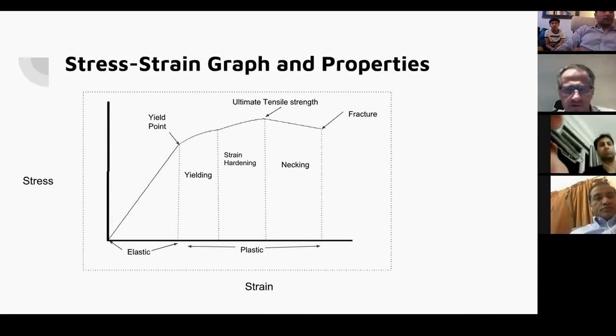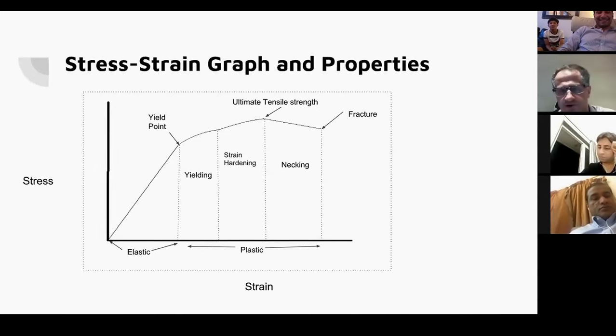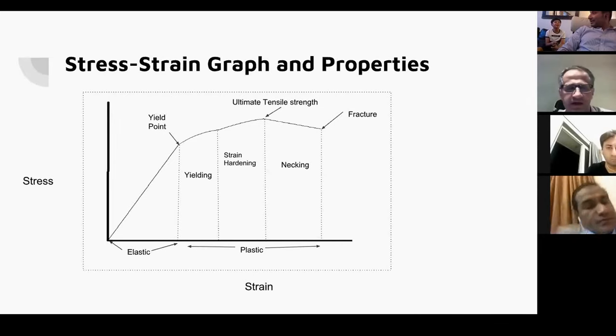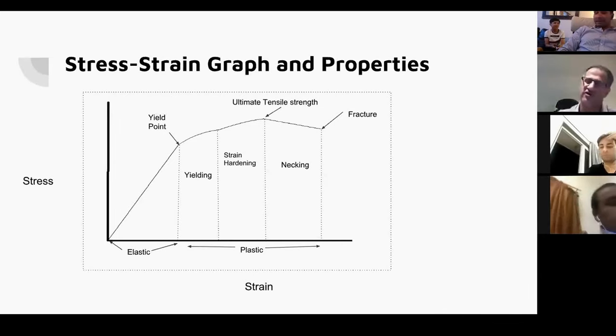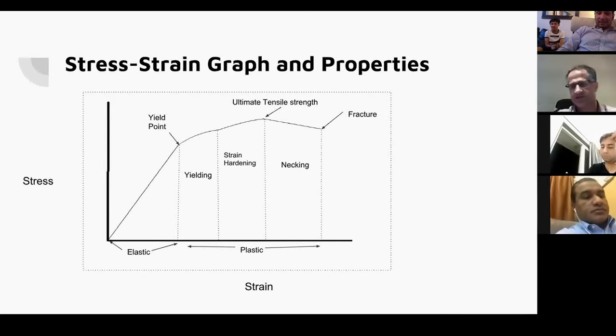And this gives you your strongest or hardest material possible. But anything after ultimate tensile strength is necking. And we do see necking in the early stages of failure of plates and or prostheses.